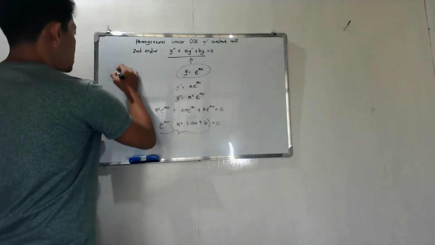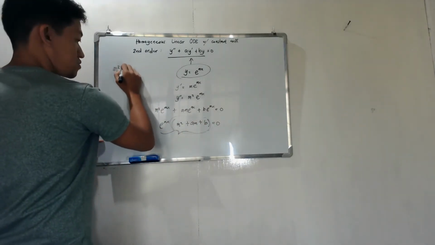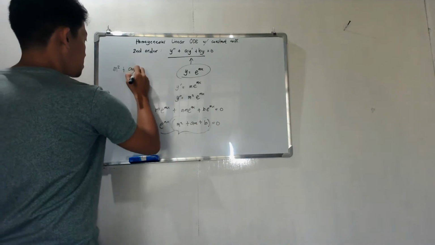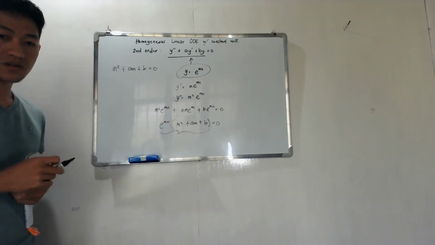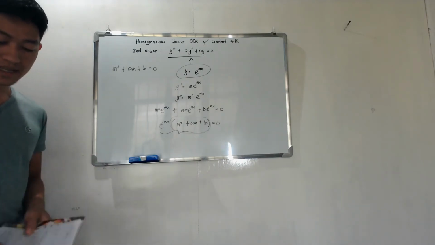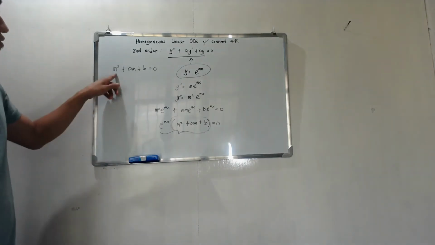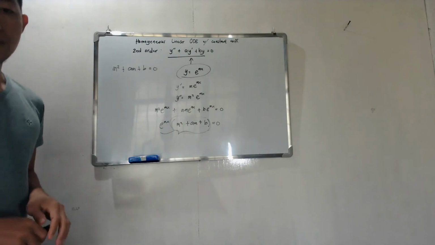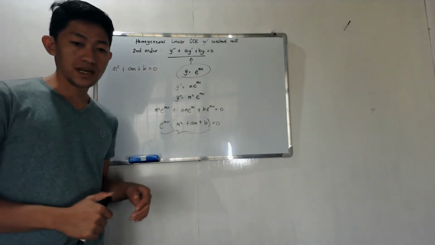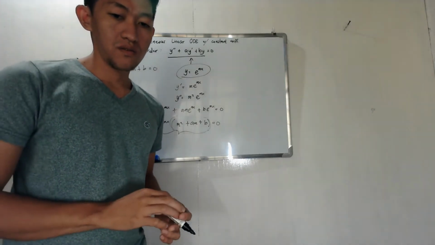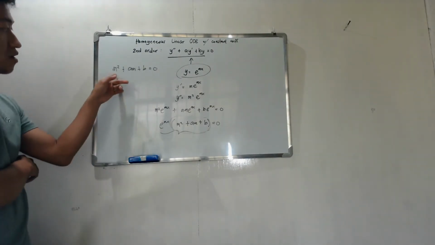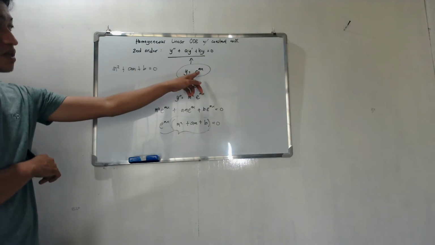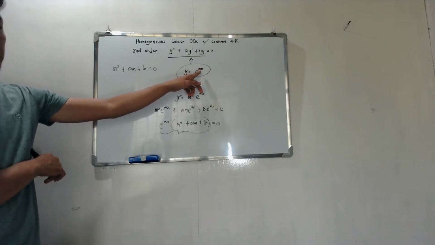Therefore you have m squared plus am plus b must be equal to 0. Then how do you get the value of m? You can get it by applying the quadratic formula.